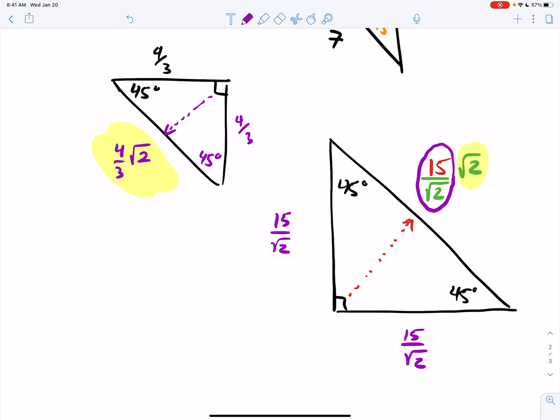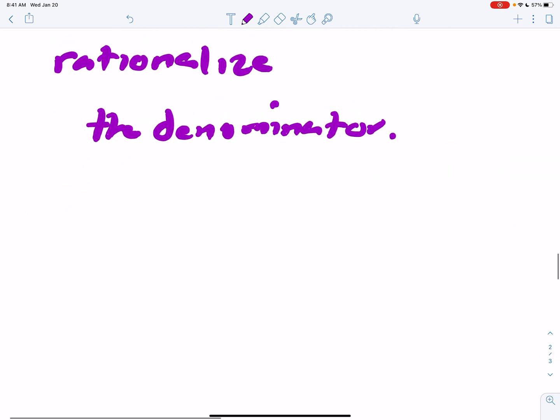Now, there is another step to that, and this is just a matter of preference. I want to show you real quick how to, what we call, rationalize the denominator. It's not illegal to have a radical in the denominator, but most mathematicians prefer that you don't. I'll show you how it works mathematically, and then I'll show you the shortcut. So, sidebar.